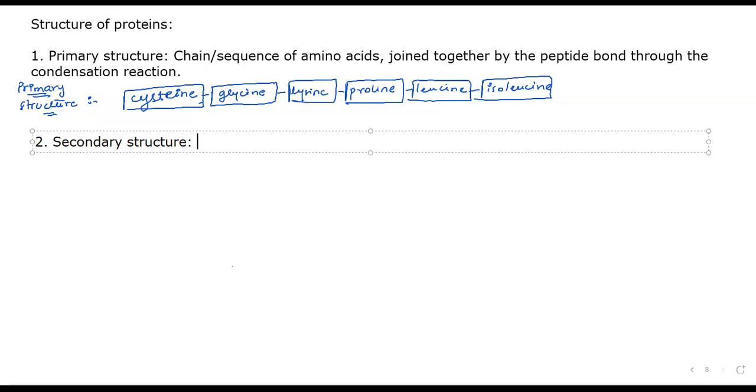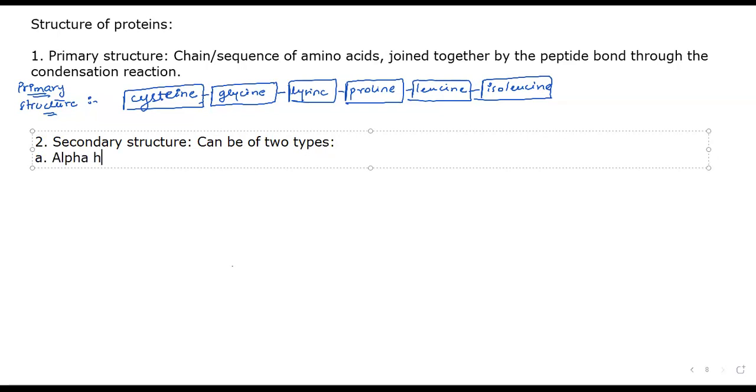Let me explain this to you. It can be of two types. We can have A, alpha helix, or we can have B, which is beta pleated sheets.